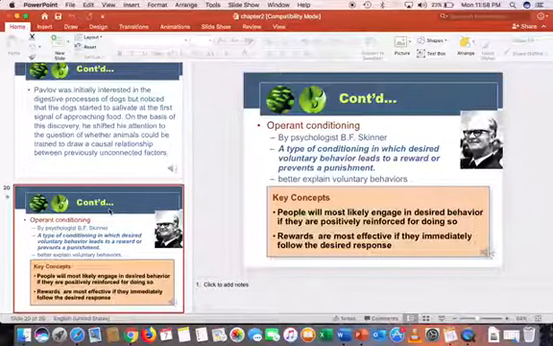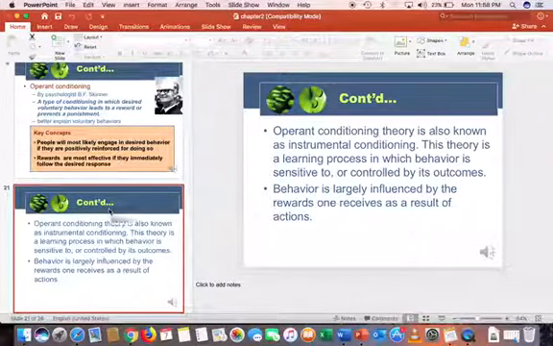People will most likely engage in desired behavior if they are positively reinforced or strengthened for doing so. Rewards play a very important role in human resources. Operant conditioning is also called instrumental conditioning.